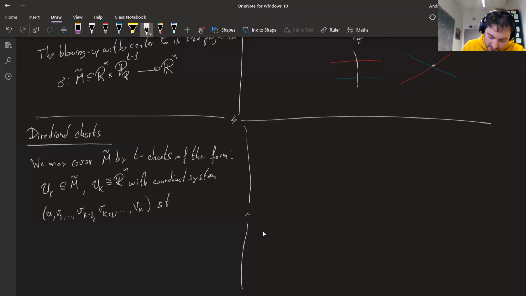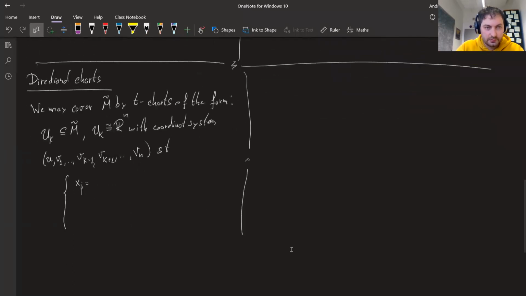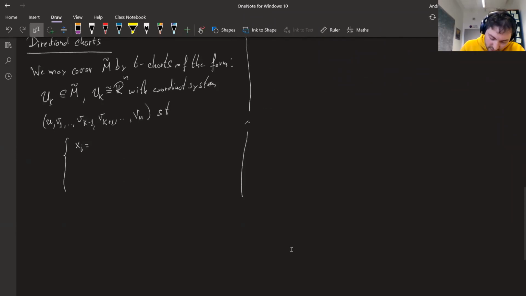In this coordinate system, we can relate the original x coordinates with the new ones, where u equals 0 plays the role of the exceptional divisor.